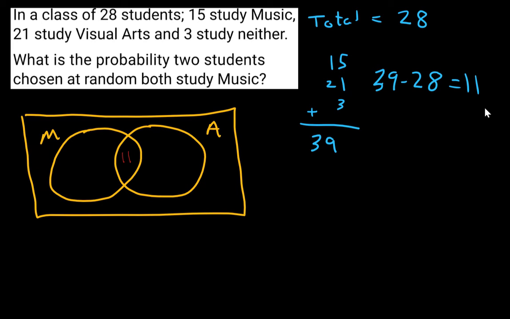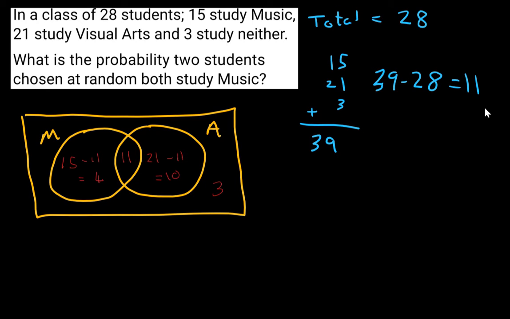So let's do that then. 15 minus 11 gives 4. 21 minus 11 gives 10. And 3 study neither. Okay, so that 3 goes outside.